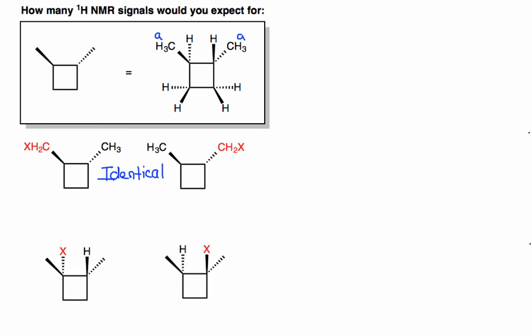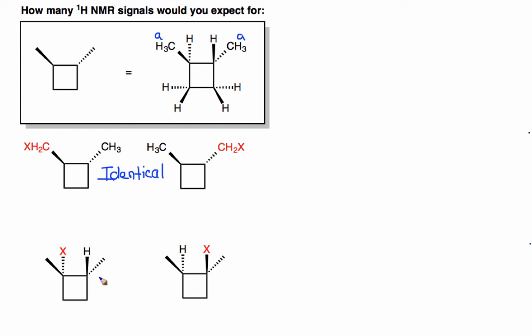Here I have drawn out two molecules. In one I've replaced the hydrogen on the left with an X. On the other I've replaced the hydrogen on the right with an X. Once again, if we look at these two, you can think about taking this compound on the right, flipping it horizontally, and it would superimpose right on top of the compound on the left.